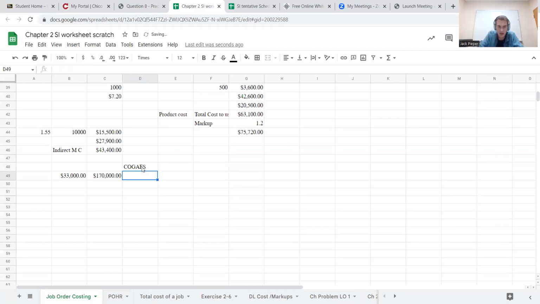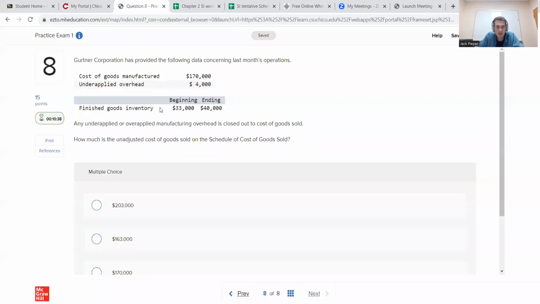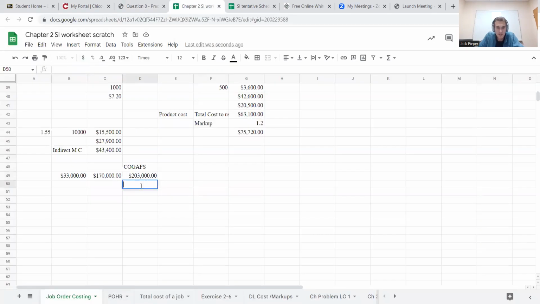And now we're going to get our cost of goods available for sale. Again, remember, cool kids call it COGAFS. Solid. Then we'll add the two together. All right, that's how much is available for sale. Now, to get the unadjusted cost of goods sold, we have to subtract one thing, and that one thing is the ending finished goods inventory of 40,000.